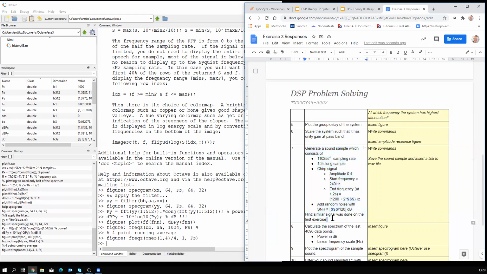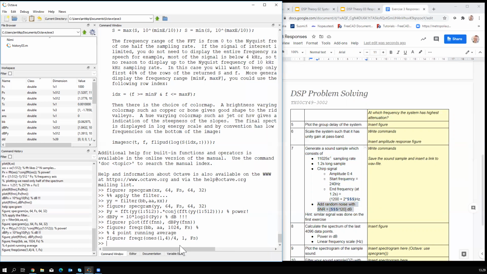By the way, you need to practice a little bit more of how to calculate the correct signal to noise ratio when I give it as dBs. Okay, reminder.